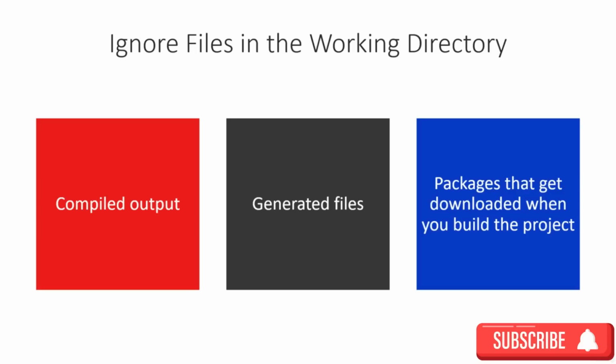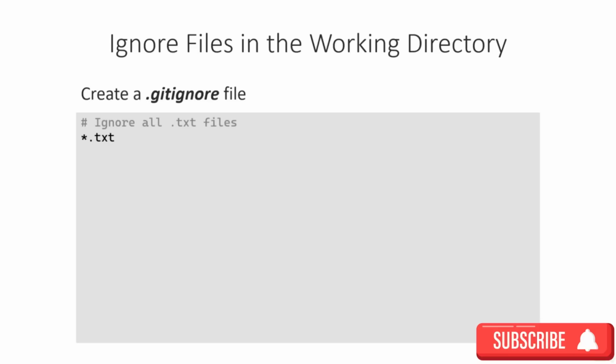To ignore all these things that you don't want to commit, you can create a so-called git ignore file. You put this file in your working directory. Let's take a look how to define the content of such a file. With *.txt, you can ignore all the text files in your working directory.